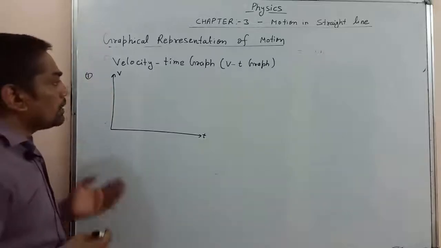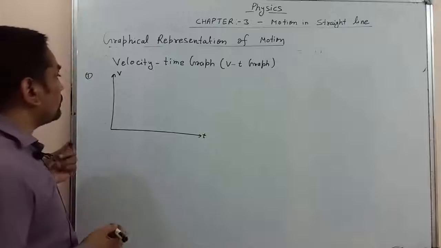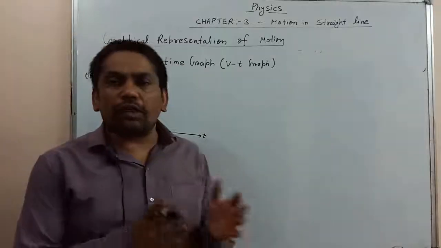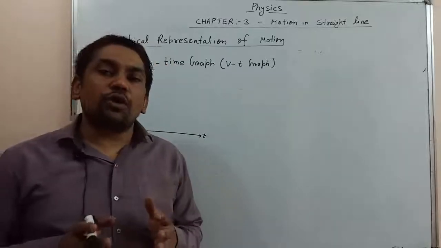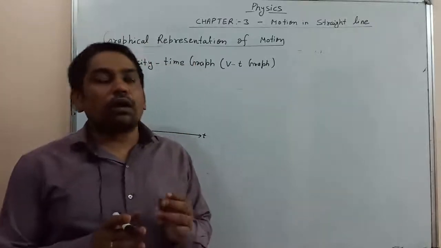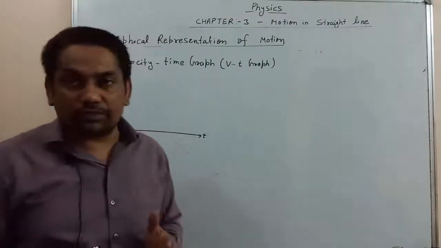So what types of graph are there? First of all, what is a VT graph or velocity time graph? A velocity time graph represents the motion of an object and shows the relation between velocity and time.